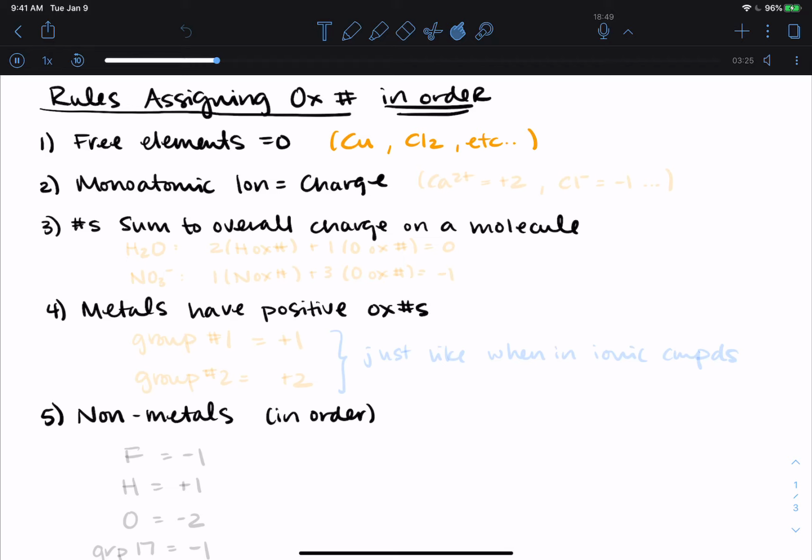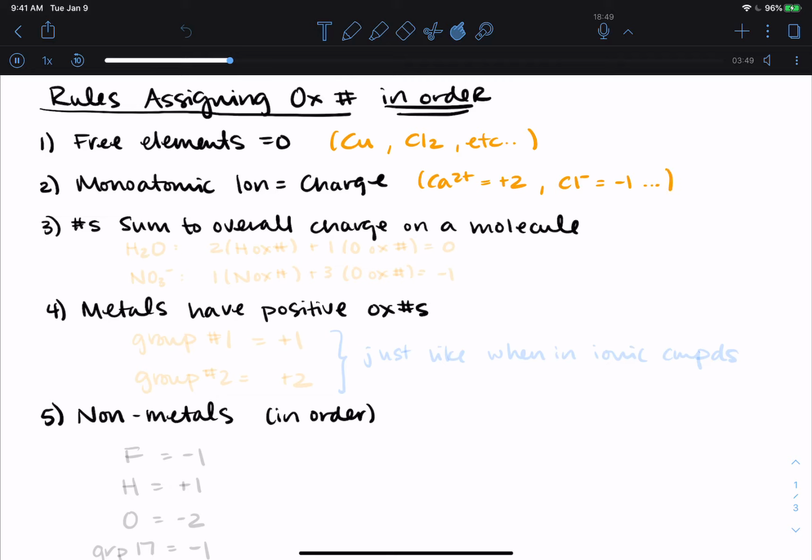Number 2, a monoatomic ion, the oxidation number for that atom, since it's monoatomic, is equal to its charge. So Ca2+ has an oxidation number of +2. Cl- has an oxidation number of -1, etc.